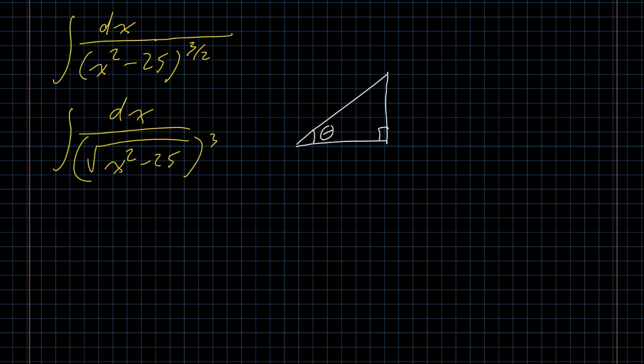So I know I'm going to want secant of theta to be equal to the square root of x squared, which is x, over the square root of 25, which is 5. And secant is hypotenuse over adjacent. So I'm going to set x here as my hypotenuse. I'm going to set 5 here as my adjacent leg. And using the Pythagorean theorem, I know that the remaining leg is going to be the square root of x squared minus 25, which is exactly what we were hoping for, given our expression.